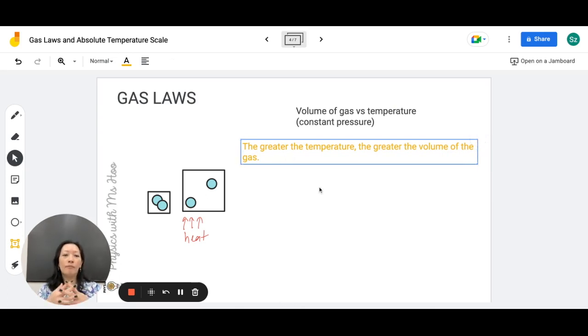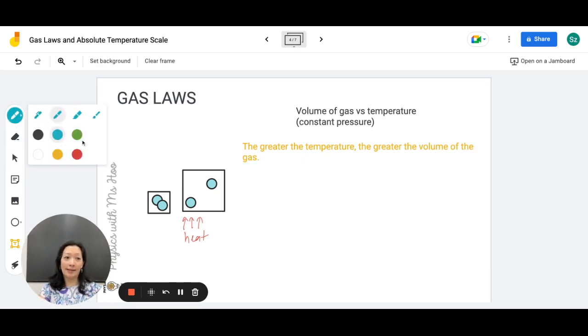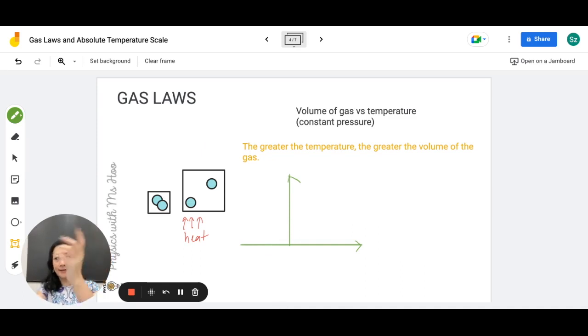Similarly to the Gay-Lussac law, the researchers who researched this can't just rely on the relationship. So obviously, they're going to be plotting graphs based on the data that's collected. So when they plotted the graph, we have volume, let's say in meter cube, plotted against temperature in degrees Celsius.